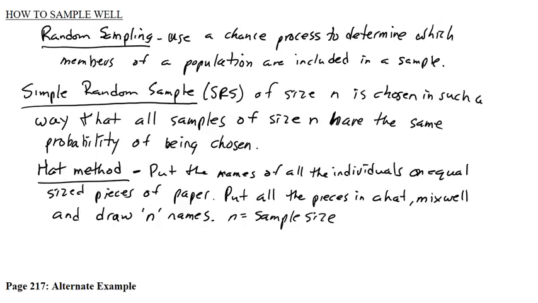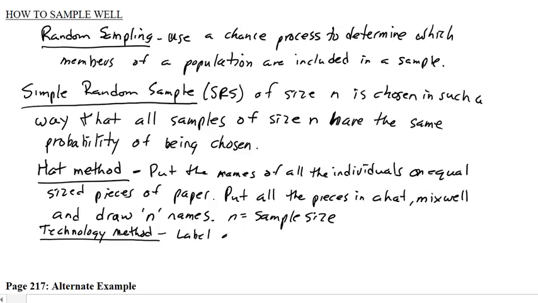A second method would be the technology method. And given a choice, this is the one I would use if I couldn't use the HAT method. Label all the individuals with a unique number 1 to n.